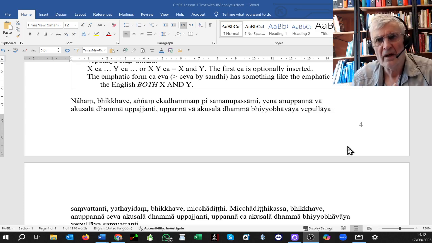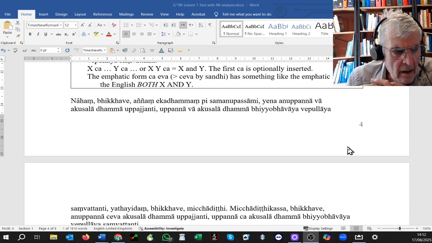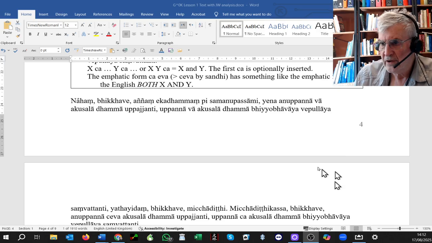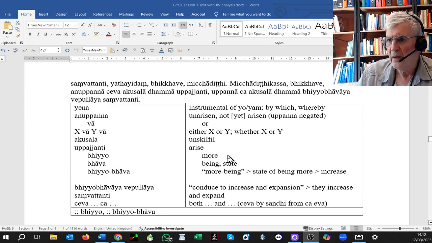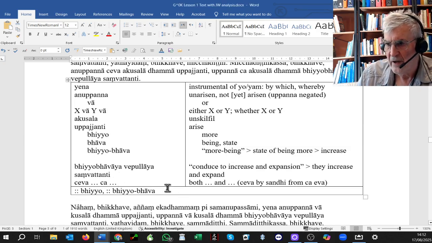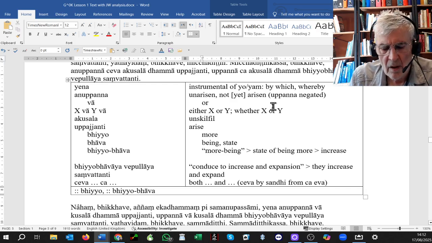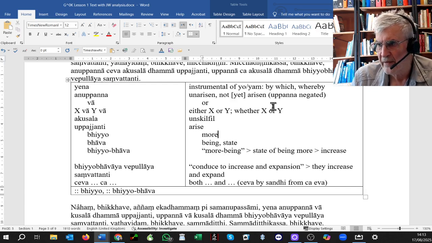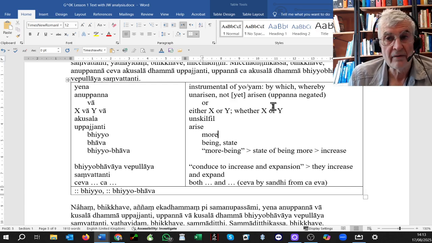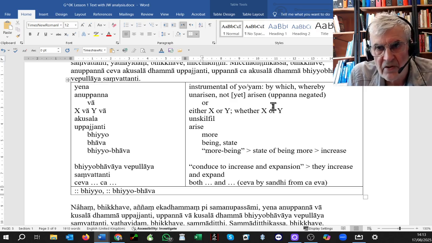Now the vepullaya we've just had. Bhiyyo bhavaya is a compound word which I've explained. Yes, I have. Bhiyyo, I've done a fuller note on it in the explanatory glossary. Bhiyyo is a word meaning more. Bhava means being, so put them together. Bhiyyo bhava, literally more being, means therefore expanding, increasing.